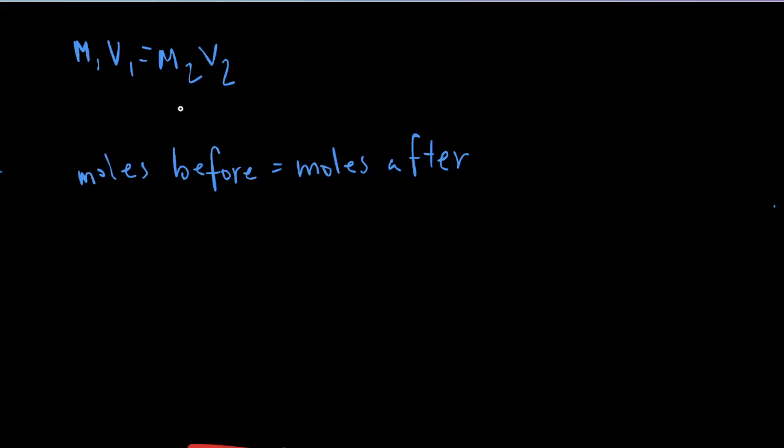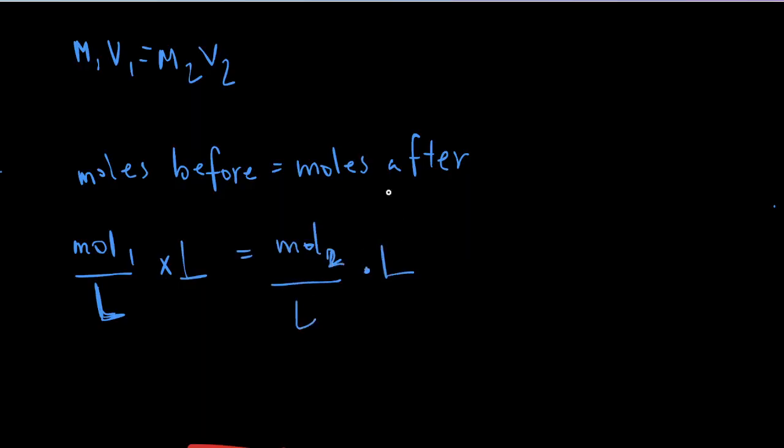And so really, by looking at this formula, just rewriting it in another way, we can see that M1, right? It can be moles 1 per liter. Remember, we can write moles per liter. And our volume is going to also be in liters, right? Is going to equal our moles 2 per liter times volume again in liters.